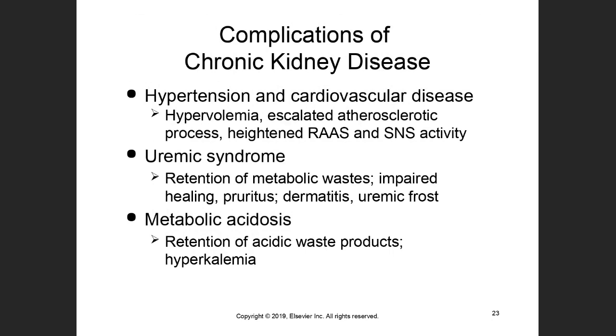Now we have complications of chronic kidney disease: hypertension or cardiovascular disease, hypervolemia. Remember, if you decrease the glomerular filtration rate, you are not producing urine, so you retain fluid in your body. Uremic syndrome is due to accumulation of waste products and metabolic acidosis.